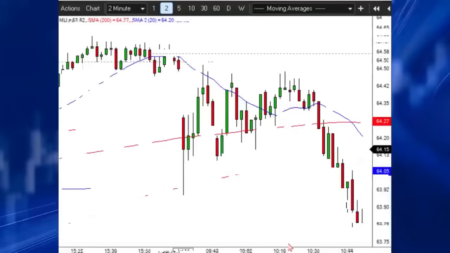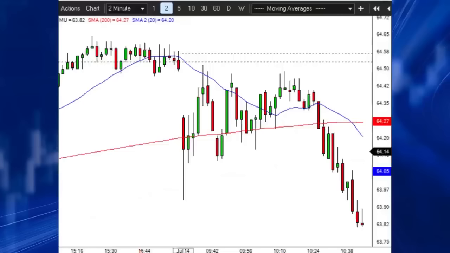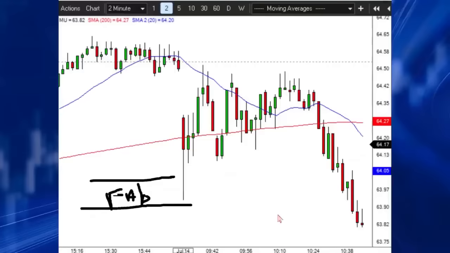You may not always be able to get your stop over and or below Fab 4 ranges, but whenever you can, you should be trying to do that. So if this is your Fab 4 range, right, and you're shorting a play here, you've got two stop options, event and maximum.